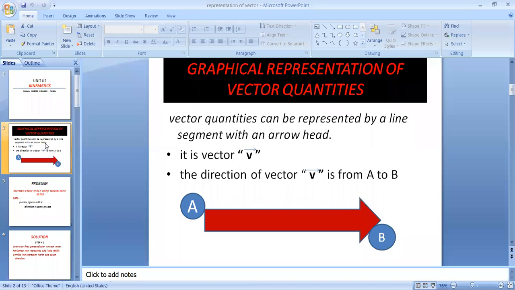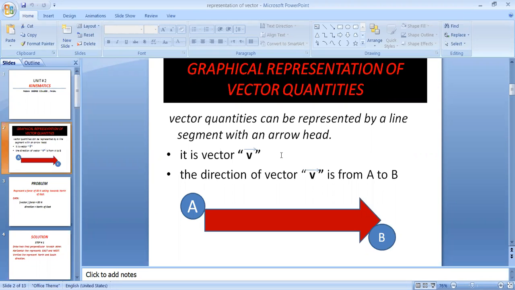Now in today's class we will discuss how to draw a vector quantity on paper. If we have to symbolize any vector quantity, we simply write down its symbol. Like if a vector is denoted by V, we can make it bold or put an arrowhead over it.